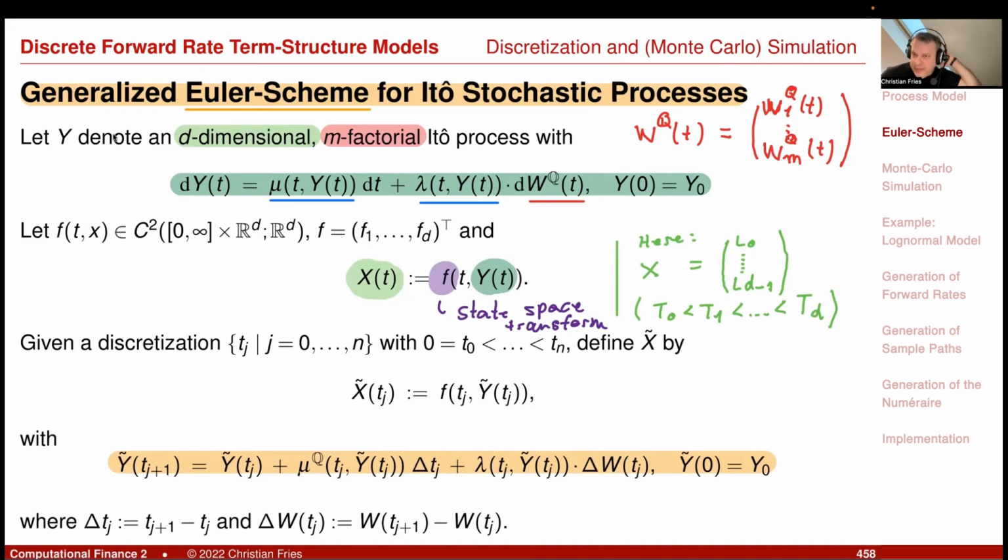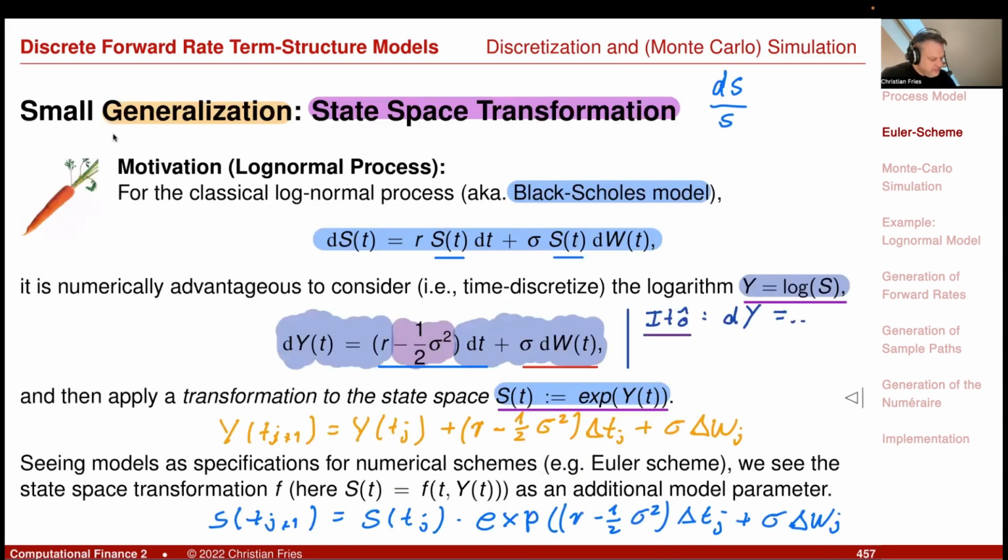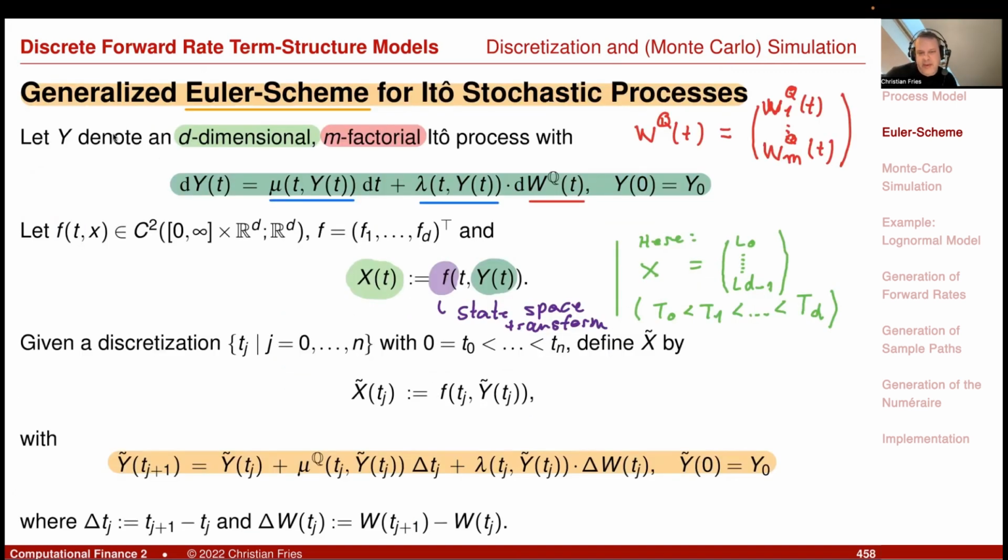So maybe we have to do an additional step. If you move to log coordinates, you recalculate how the drift looks like under this coordinate transformation. But we will see, this is just a similar adjustment like that. So I use these coefficients and the initial value to build up my Euler scheme.